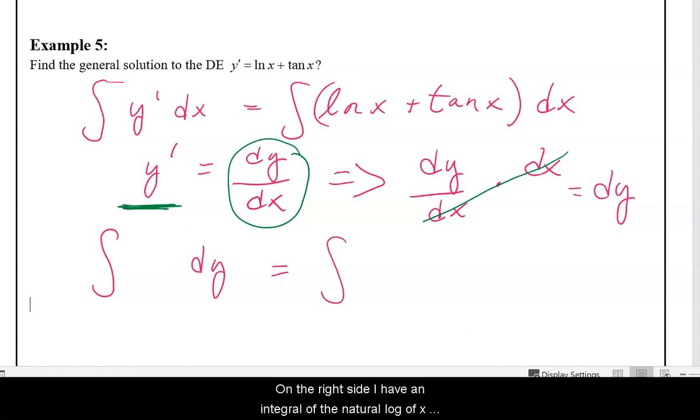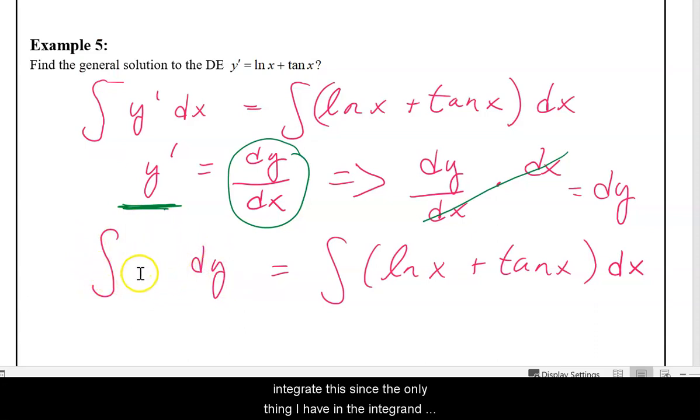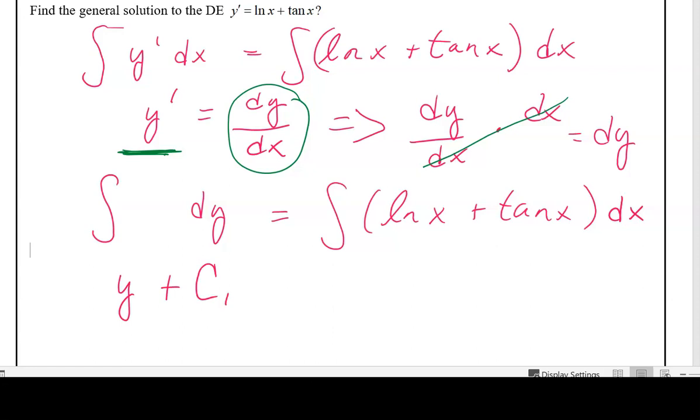On the right side, I have an integral of the natural log of x plus the tangent of x with respect to x. Now, on the left side, it's a simple matter to integrate this, since the only thing I have in the integrand is the unwritten constant 1. That will give me y up to some constant, which I'll call c1.